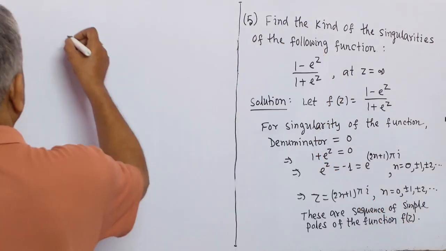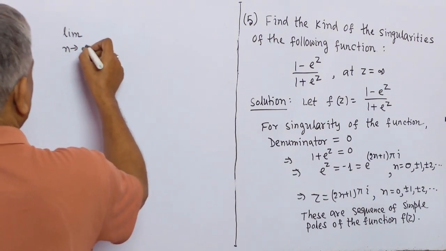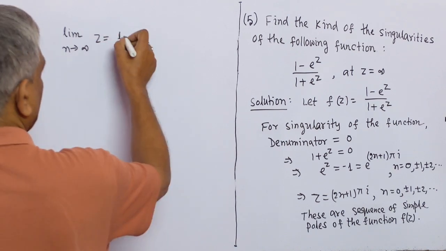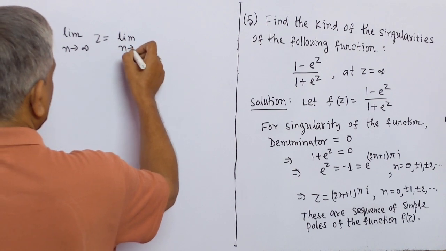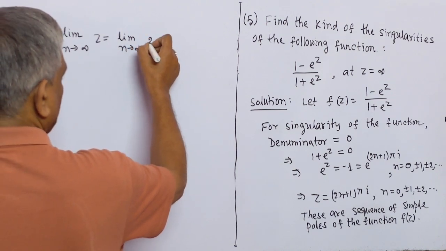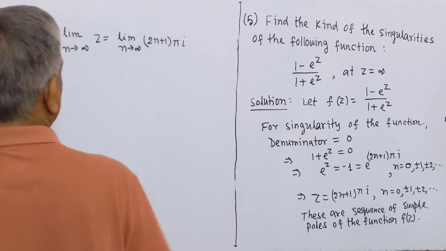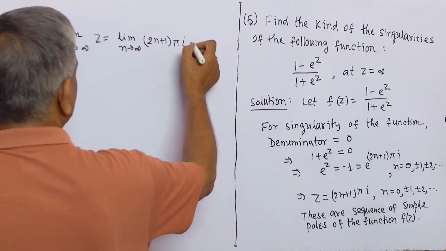f(z). Limit n tends to infinity, z equal to limit n tends to infinity (2n plus 1) pi i, when n is infinity, this is infinity.